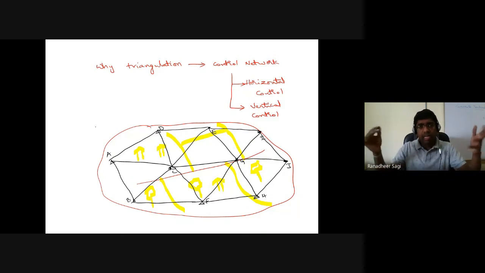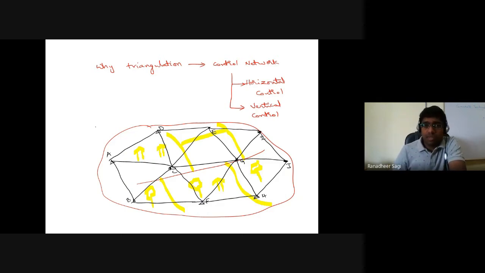For that area, if I am carrying out my survey, we relatively neglect the curvature of the earth, looking at the area I am focusing on. If I neglect the curvature of the earth, then that particular survey we call a planar survey. Even in such cases of planar surveys or geodetic surveys, you are going to make use of this triangulation technique in the preparation of your control network.